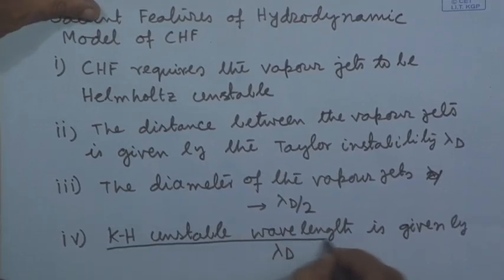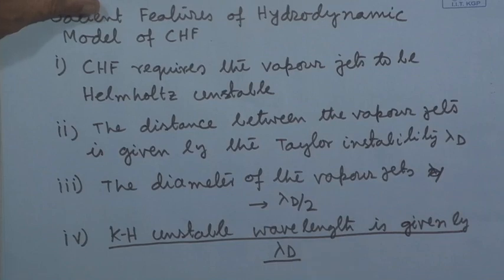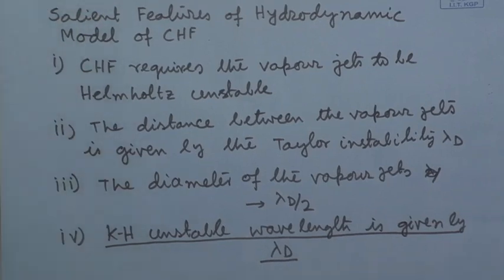So, this is another assumption. This was not made originally by Zuber, who proposed this hydrodynamic model, but was later proposed by Lienhard and Dhir. We will discuss this afterwards.